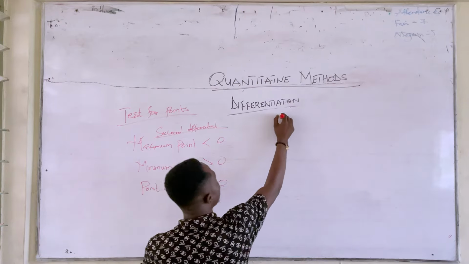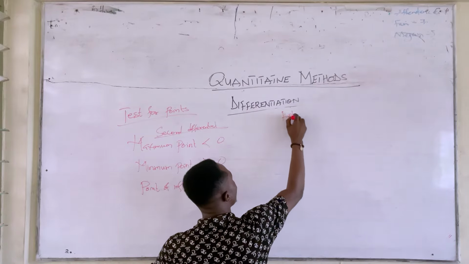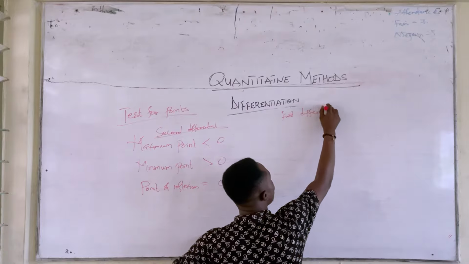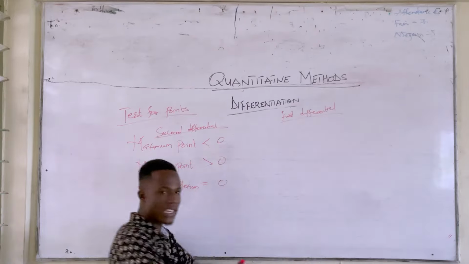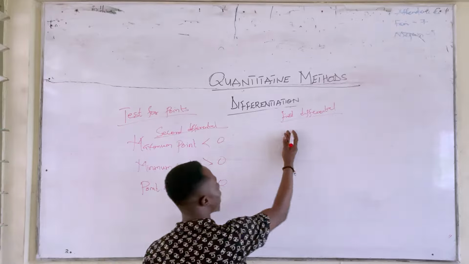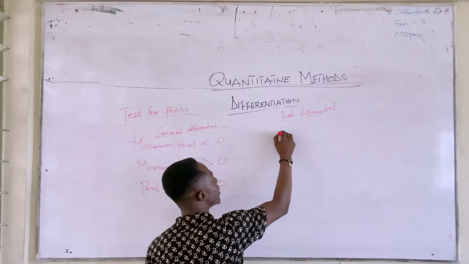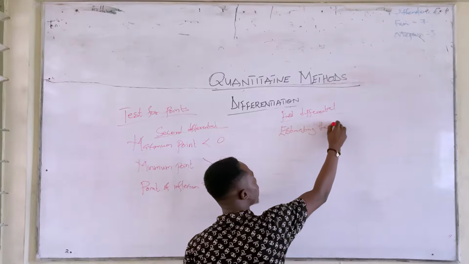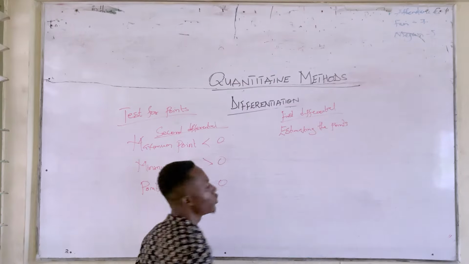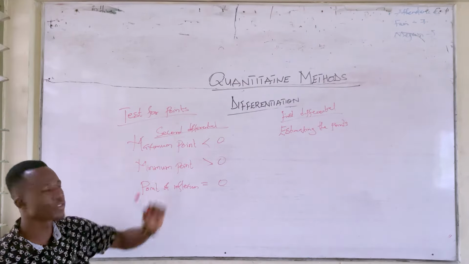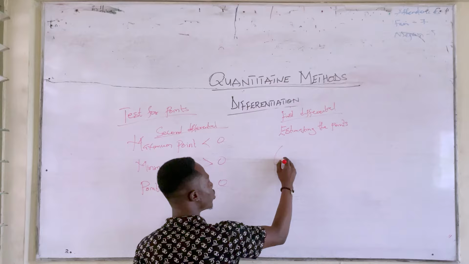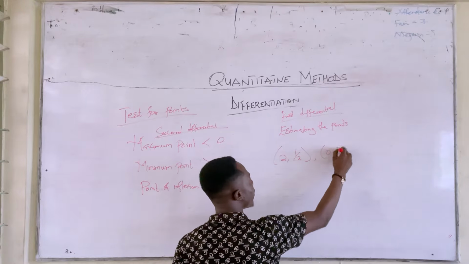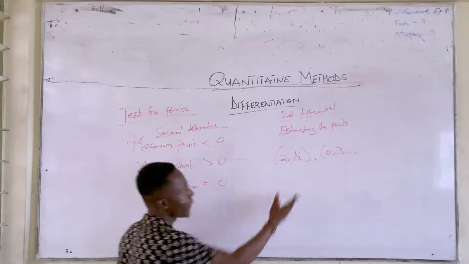Then we use the first differential to estimate the points, then the second differential to determine the nature. Do you get it? So the first differential is for estimating the points. It is the first differential that will tell you whether the points you are going to get are 2, half, 0, 3, or whatever.